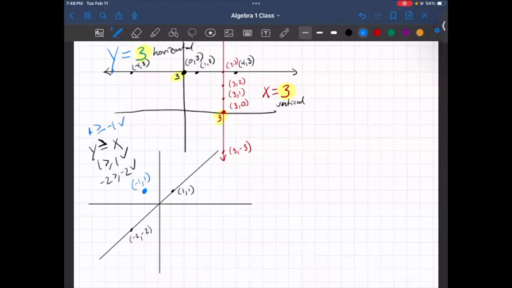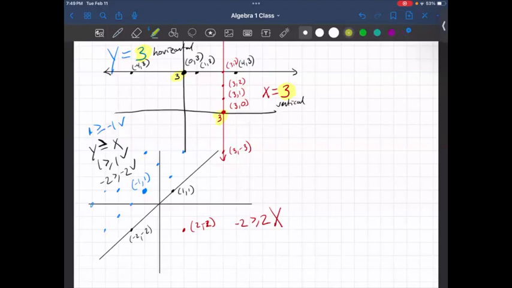Let me look at this point over here, (2, -2). Is -2 greater than or equal to 2? That one's not. So I could go through and test this point, and this point, and this point, and all of these points, the y value is greater than the x value.